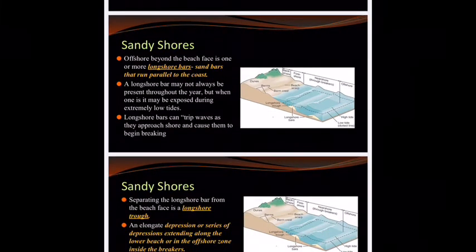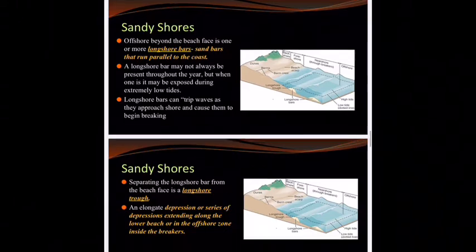Now, beyond the beach face are these longshore bars, and they're created by longshore currents. If you remember when we learned about the currents that run along the shoreline, they run parallel to the shoreline. And it's not always present, but when one is there, they can be exposed during really low tides, and that's when you'll get these little tide pools, okay?